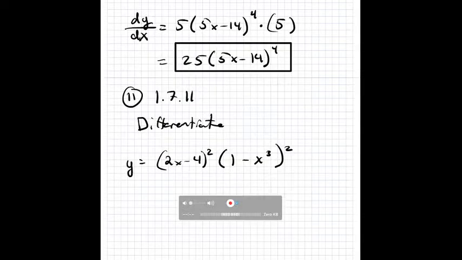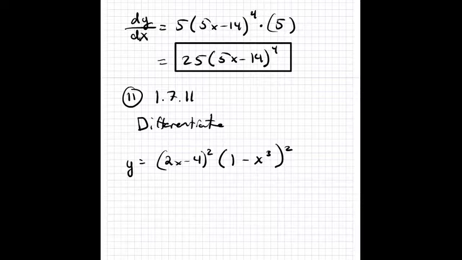All right, I think we're good. The first thing I notice, let's do the product rule. Product rule goes the first times the derivative of the second plus the second times the derivative of the first.